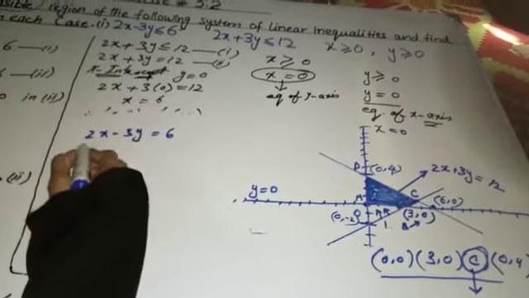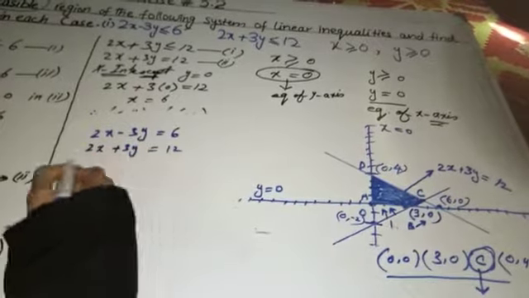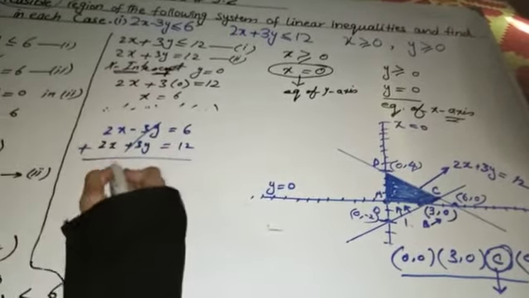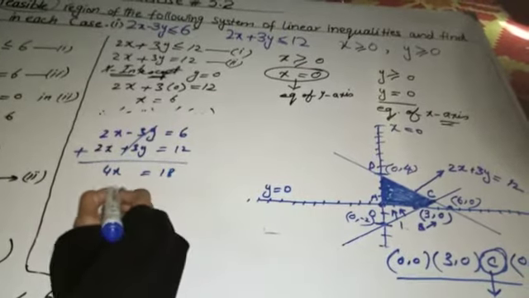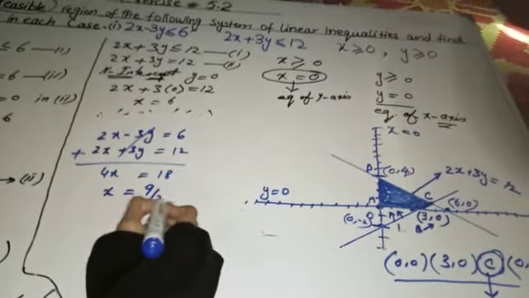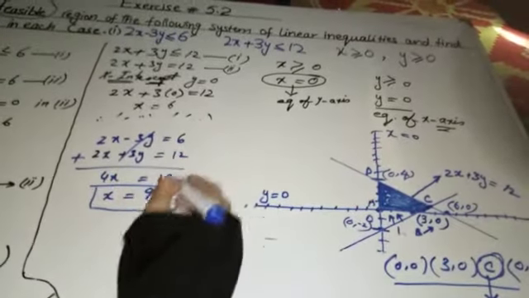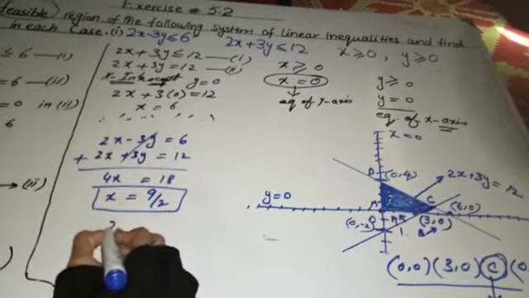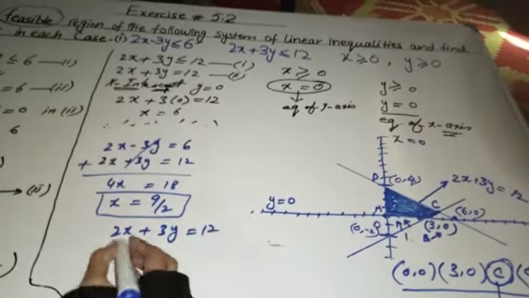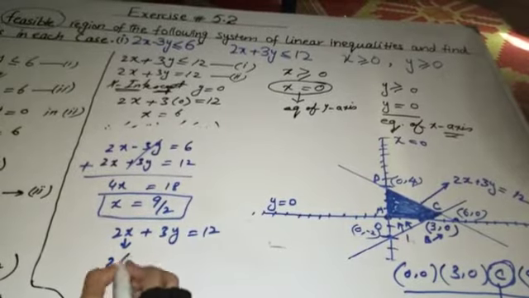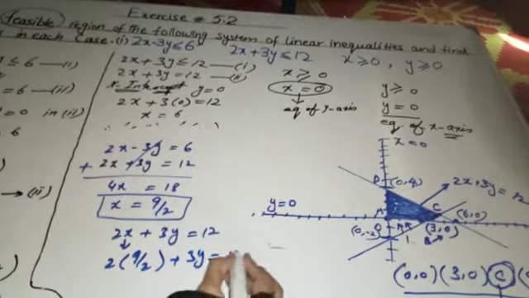2x minus 3y is equal to 6, 2x plus 3y is equal to 12. By adding, 4x is equal to 18, value of x is 9/2. This is the value of x. Now put this value of x in any one of these two equations. 2x plus 3y is equal to 12, in place of x put its value: 2 times 9/2 plus 3y is equal to 12.